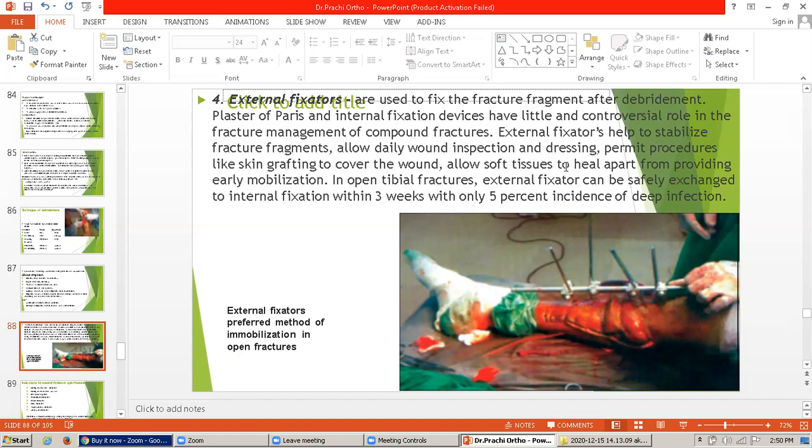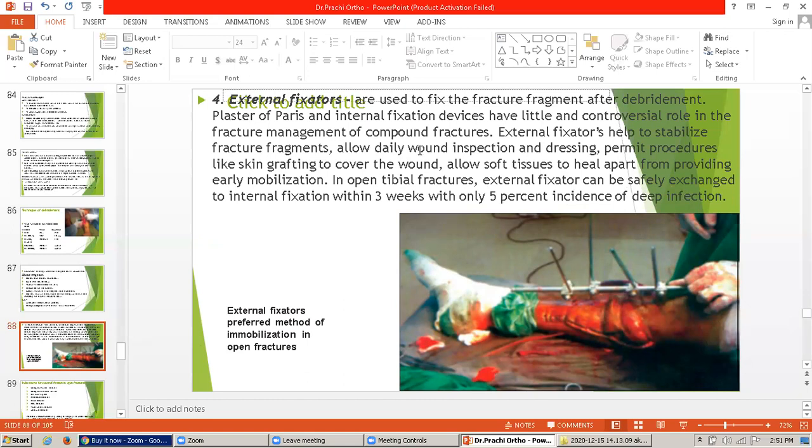It permits procedures like skin grafting to cover the wound, allows the soft tissue to heal, apart from providing early mobilization. In open fractures, the external fixator can be safely exchanged to internal fixation within 3 weeks, with only 5% incidence of deep infection.